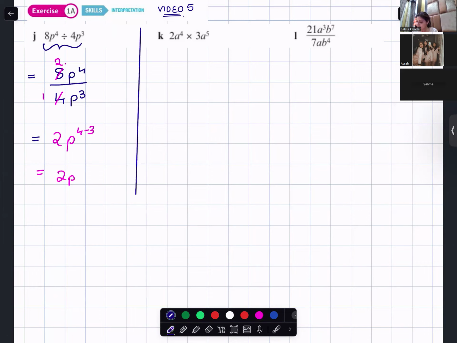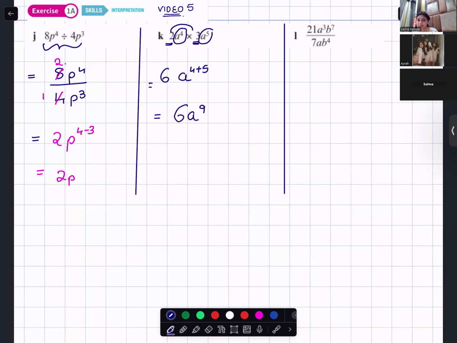Next one, deal with the constants separately and the variable separately. So 2 into 3 is 6. You will apply law of indices to a. So it will be a, 4 plus 5. So this becomes 6a^9. Let's go to the next one.